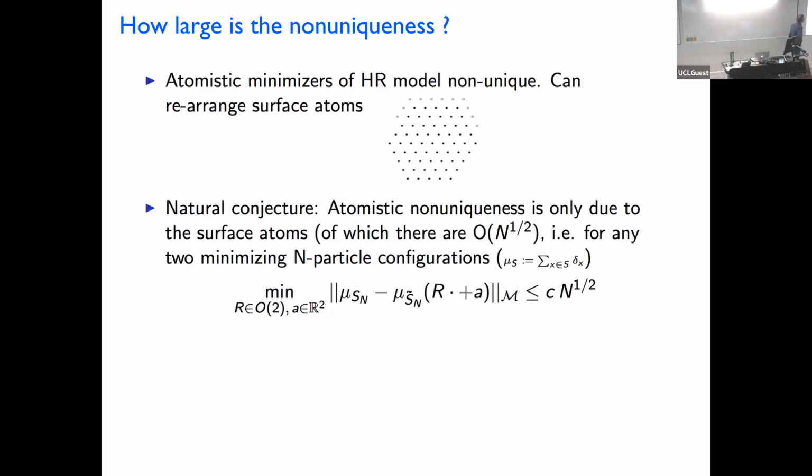If I have any two minimizing n-particle configurations, and I take the empirical measure, mu, the sum of Dirac masses, not renormalized, put at the points x, and compare them in the total mass norm, then the difference, if I'm allowed to rotate and translate, should be of order n to the 1/2. Up to surface atoms, the thing should be unique because I have this global rigidity, for subsets of the lattice.